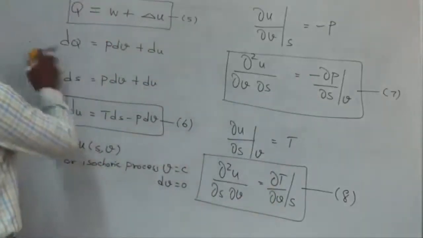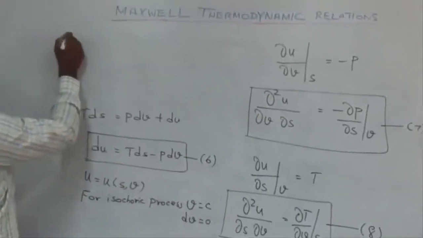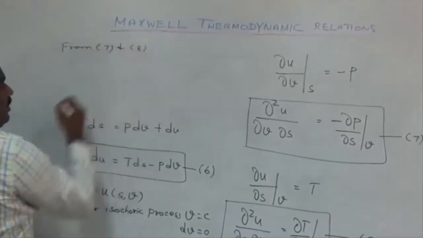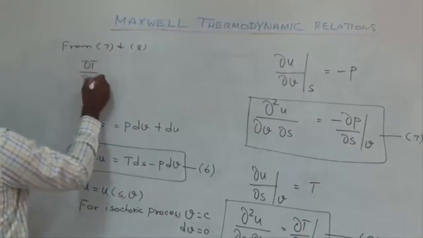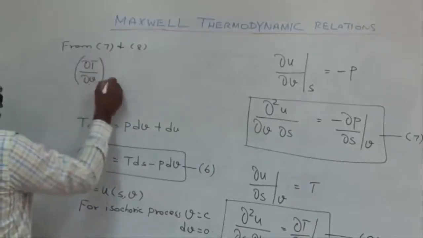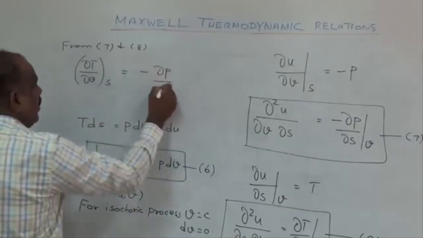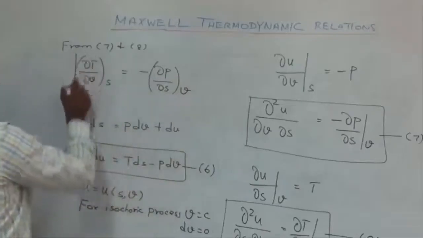So I can write from 7 and 8, we can tell that ∂T/∂V at constant entropy will be equal to minus ∂P/∂S at constant specific volume or volume.